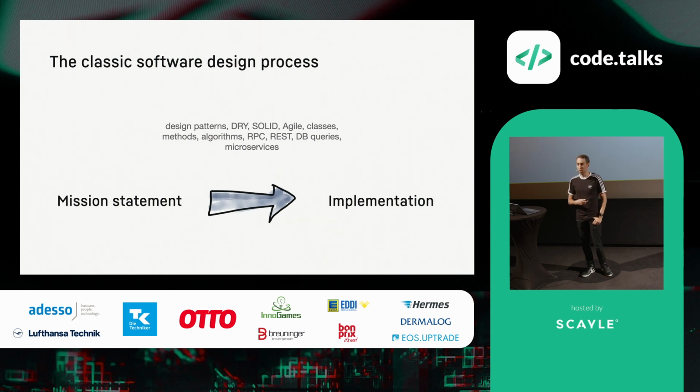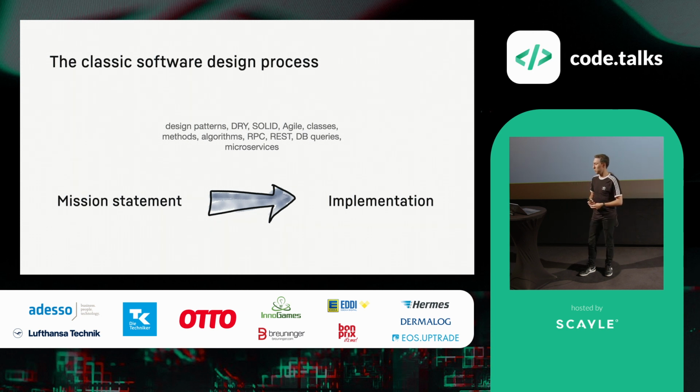And this reminds me a lot of the classic software design process in general, which is also, you take this mission statement, this work order, which is usually just maybe a 2-hour workshop or a Jira ticket or whatever, and you transform that in sort of one giant leap into an implementation.